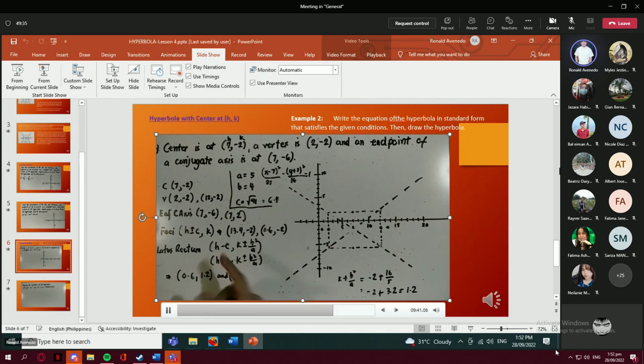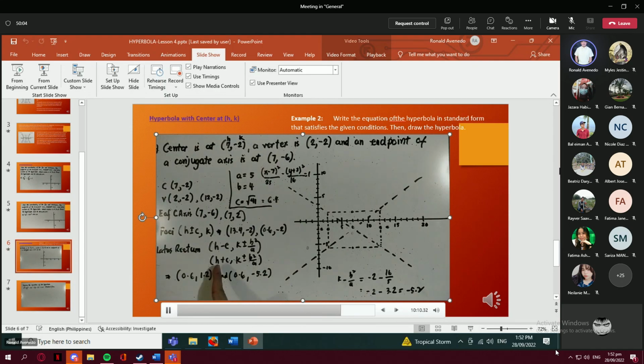Then the other pair is 0.6. Then K minus B square over A, so negative 2 minus 16 over 5. So this is negative 2 minus 3.2. The answer is negative 5.2.